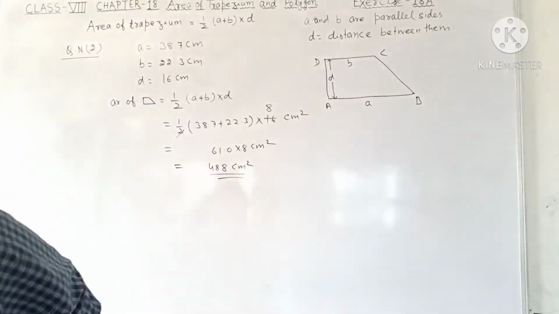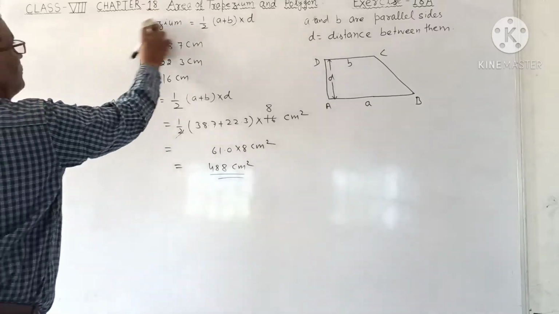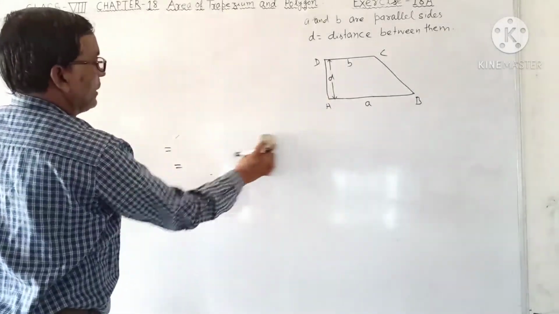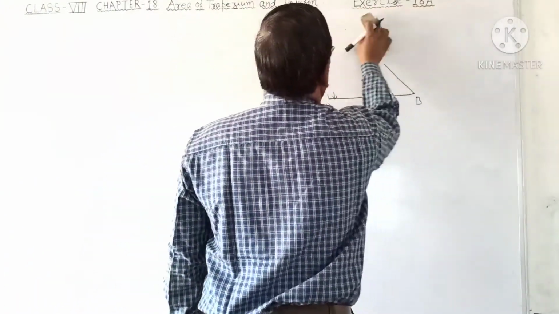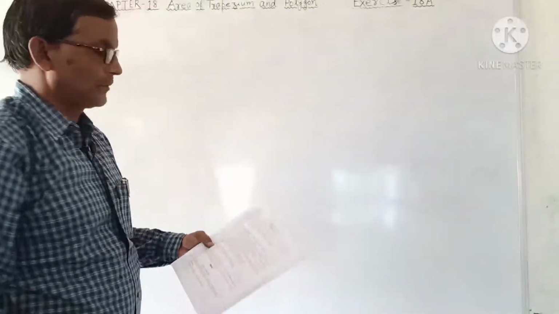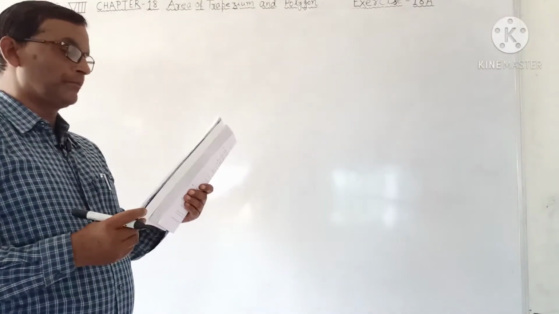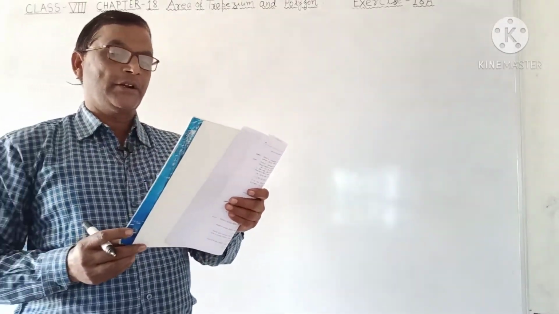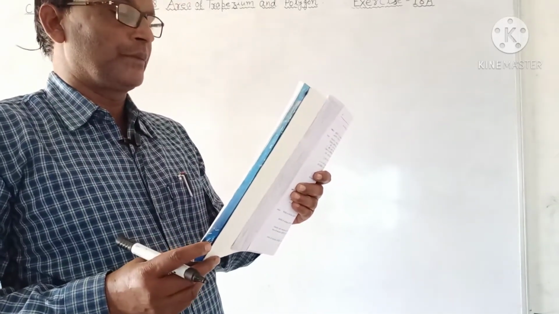Question number 5. Read this question very carefully. A field is in the form of trapezium. Its area is 1586 meter square and distance between its parallel sides is 26 meters.